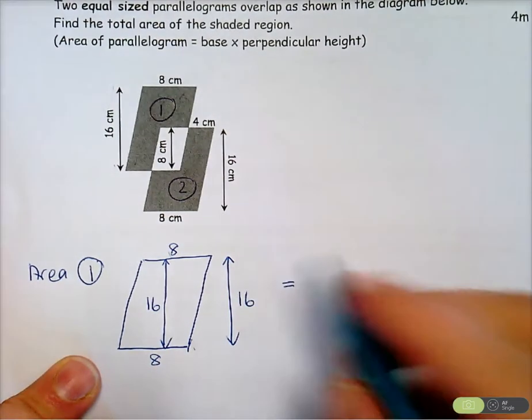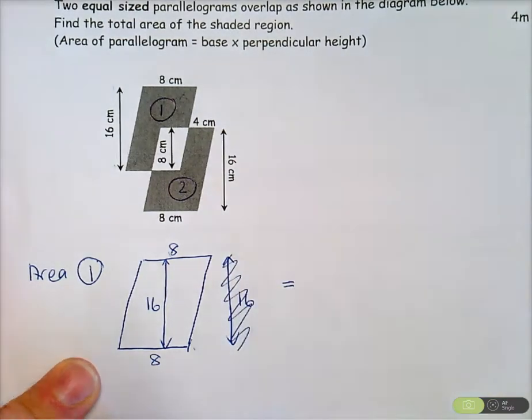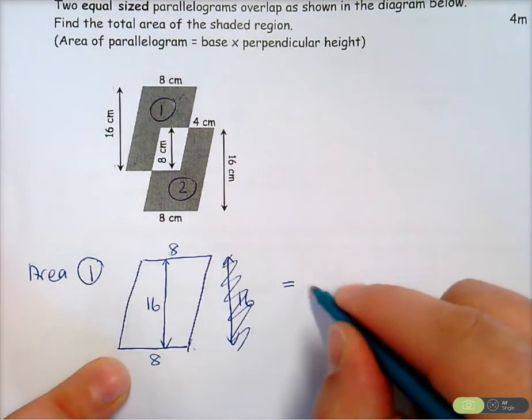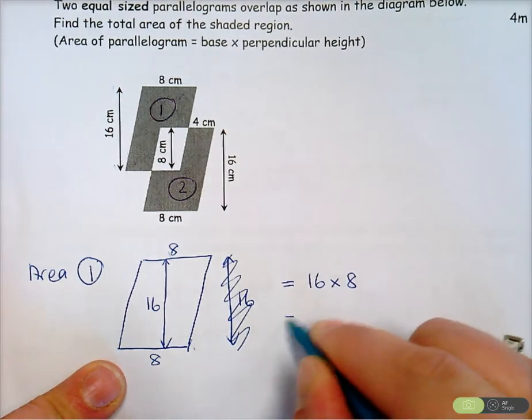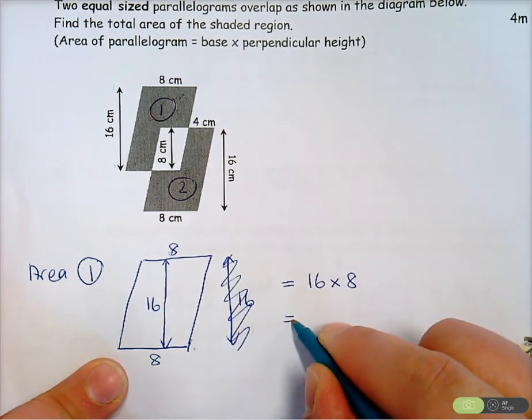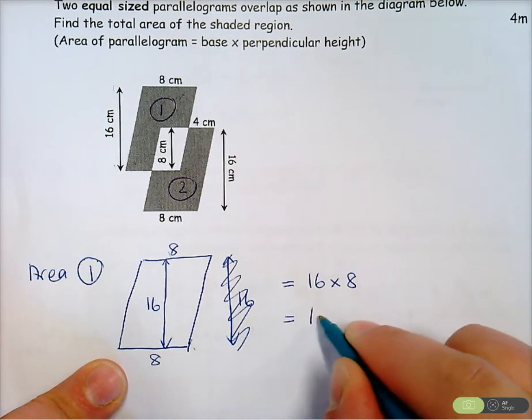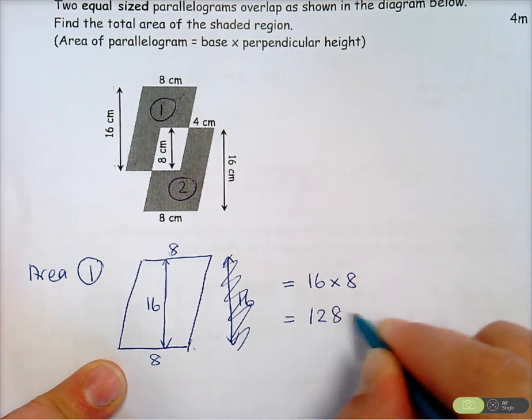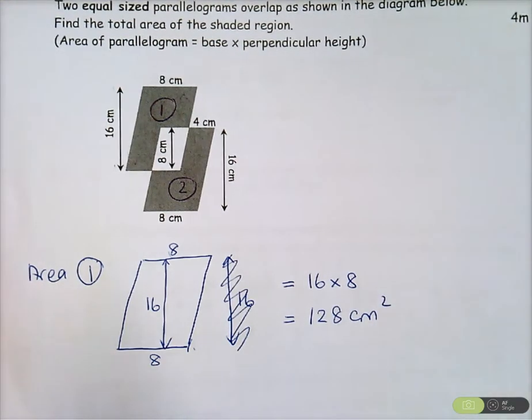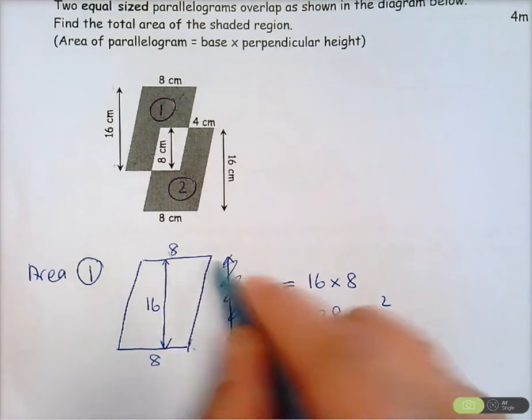The area of this big one is 16 times 8, which is, what is it, girls? 128 centimeters squared. Now watch what I'm going to do. I've got that parallelogram.